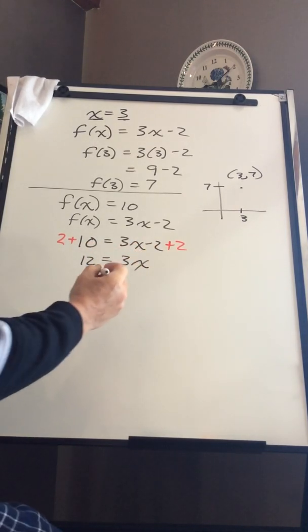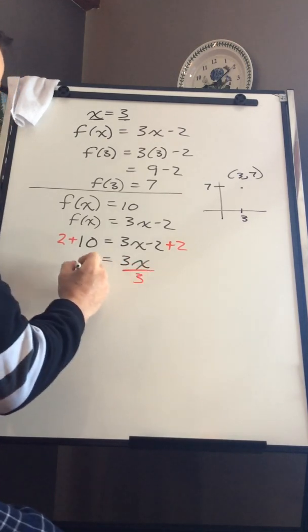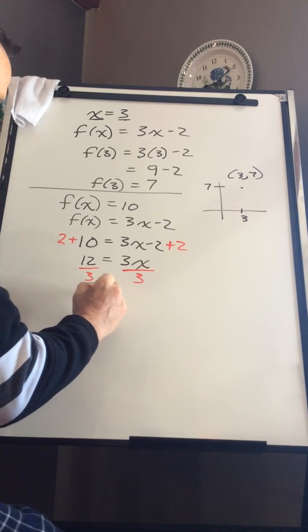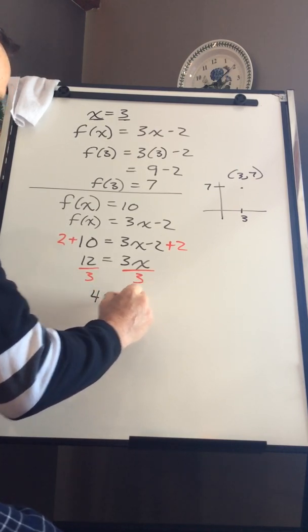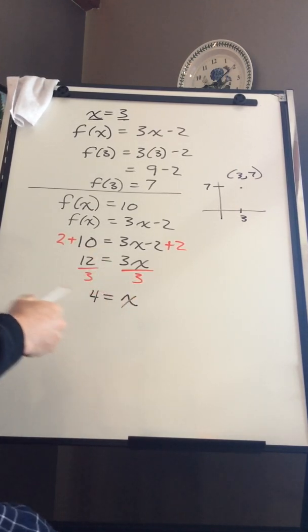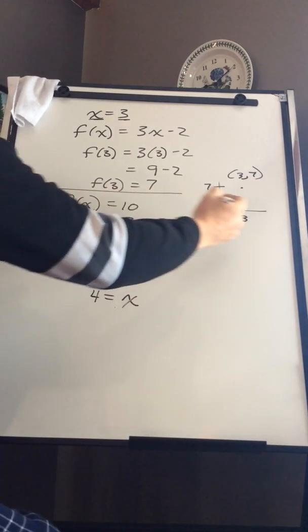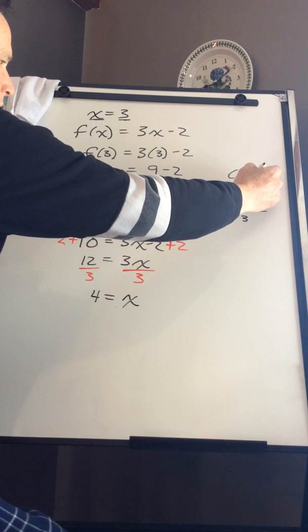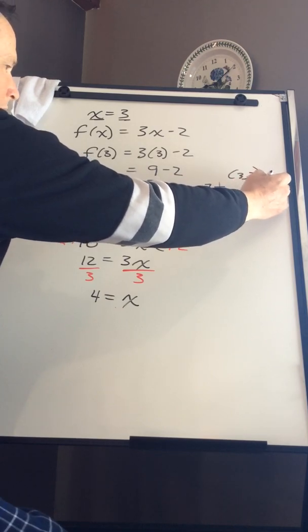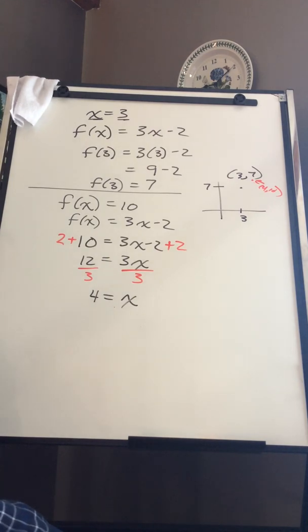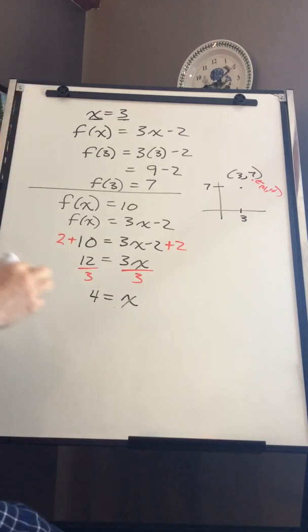Got to have x by itself. Divide by 3, divide by 3. And so I get 4 equals x. In this case, x is 4, f of x is 10. So it's going to be some point way up here. 4, 10. Okay. That covers questions 3 and 4, which I got a few questions about yesterday.